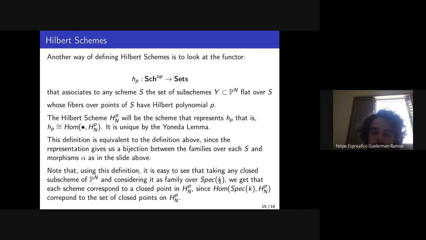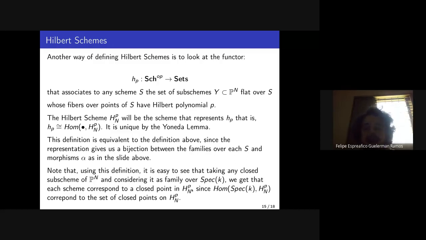And if we look at this equivalence here, we conclude that the closed points of HPN, which is just the morphism from Spec K to HPN, correspond to the scheme Y. So each scheme considered as a family over Spec K corresponds to a closed point in HPN.